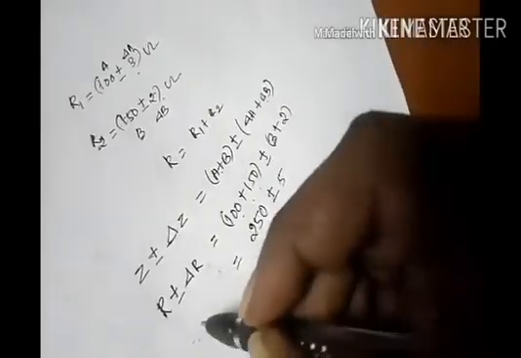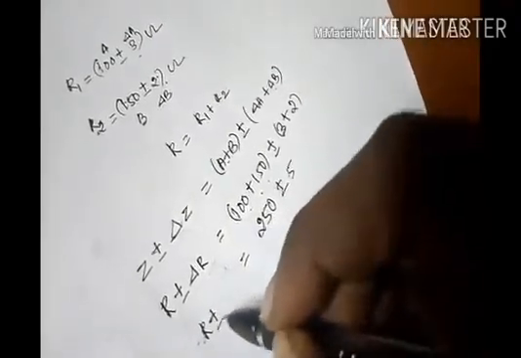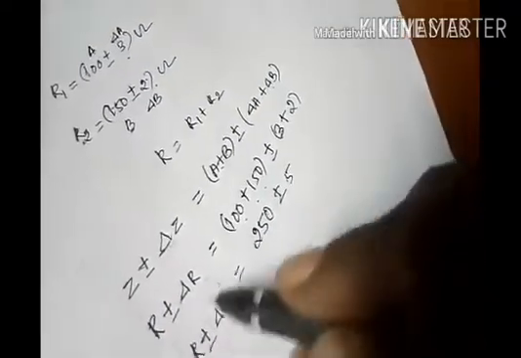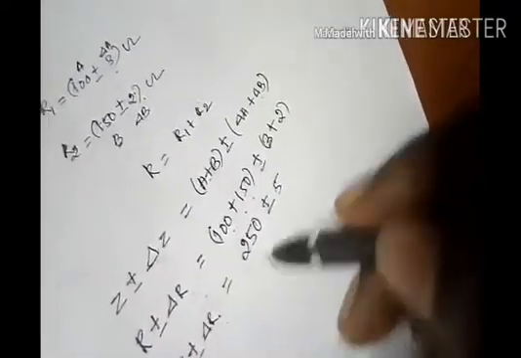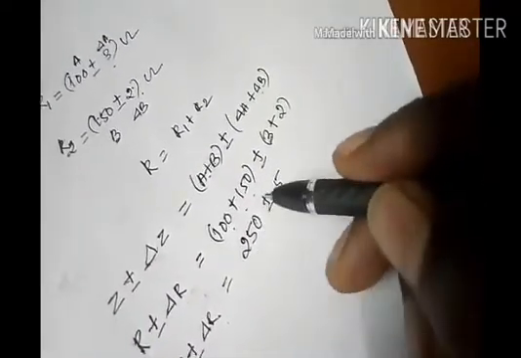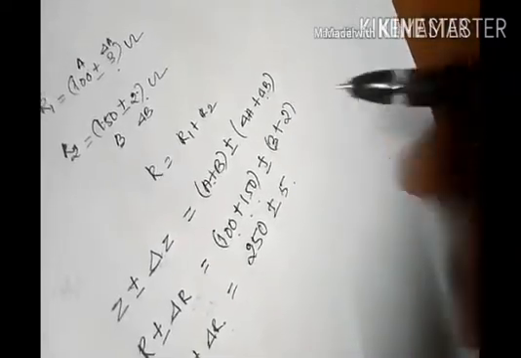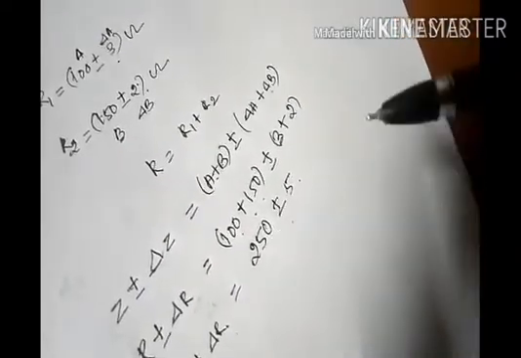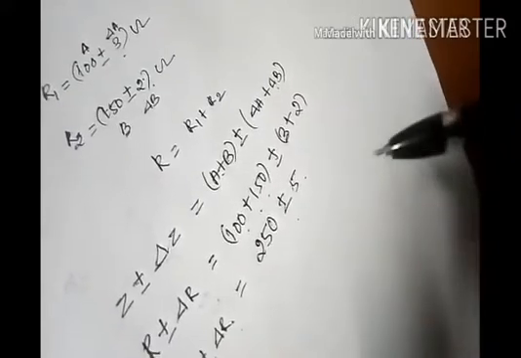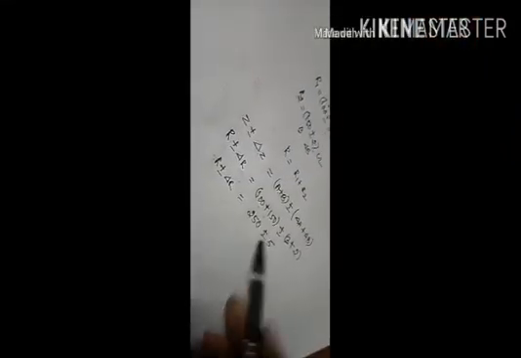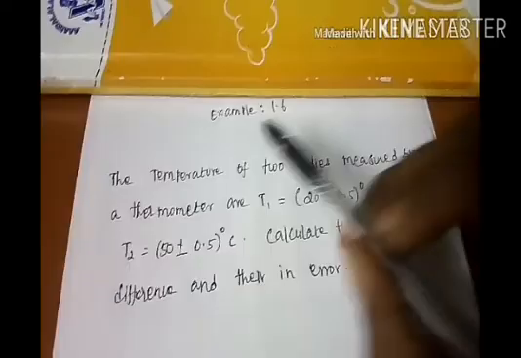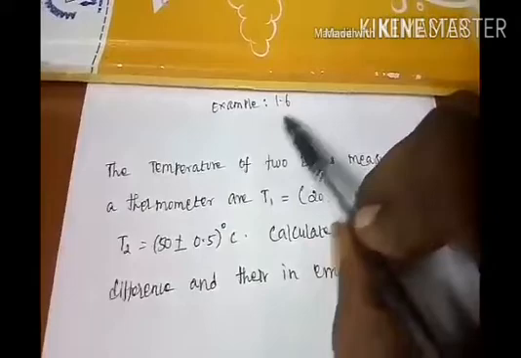So this is the total resistance R plus or minus delta R, the equivalent resistance value 250 plus or minus 5. That means the error is increased or decreased from the measured value. Here the resistance unit is ohm. Thank you. Next example is 1.6.